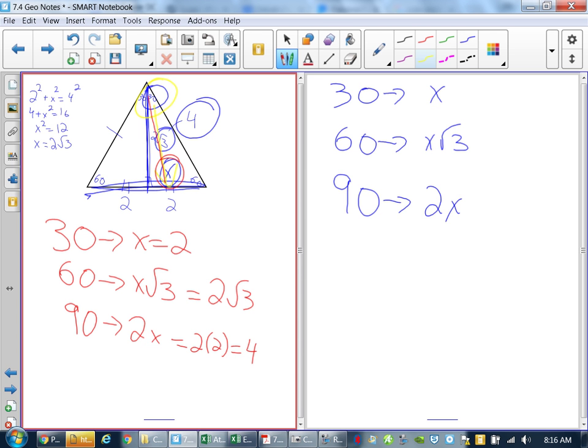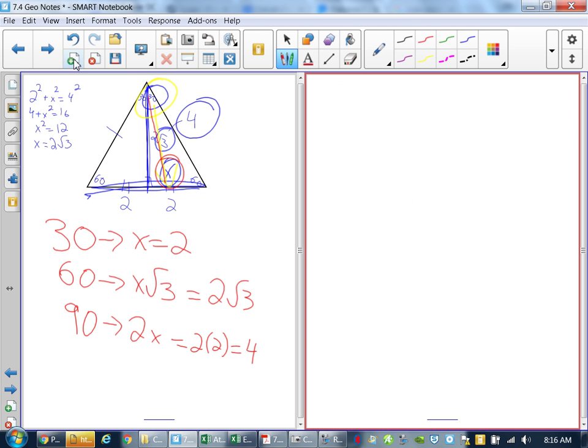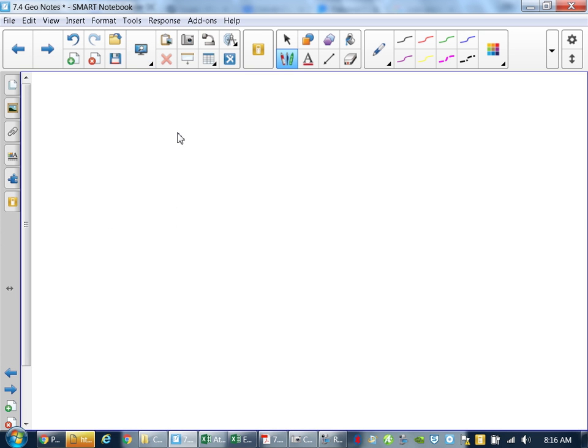So watch what happens. Now, just so you know, sometimes they will write 30, 60, 90 triangles. They might just show you the 30 degree, or they might just show you the 60 degree. The sides are not equal to each other, so they will have to show you one of those 2 angles.